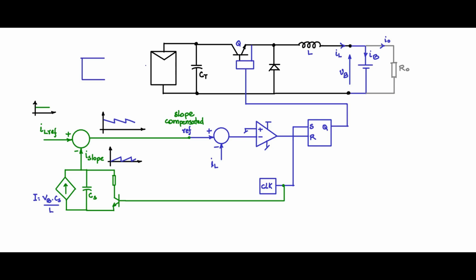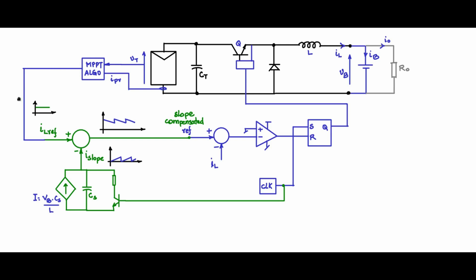Including the MPPT block, we can include the MPPT algorithm block here, similar to the hill climbing algorithm. It needs two inputs. One input is VT, the terminal voltage of the PV panel. The other input is IPV, the current flowing through the panel. And the output of the MPPT we will give to IL reference here.